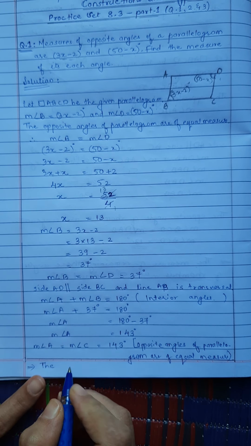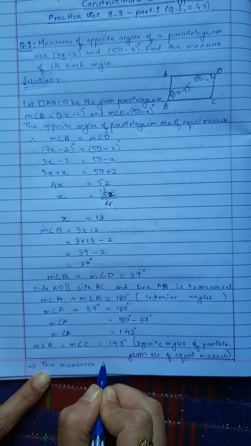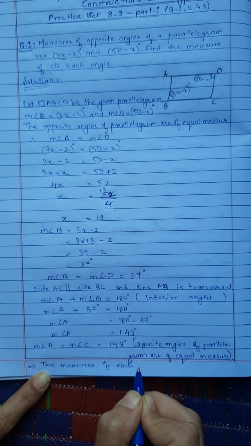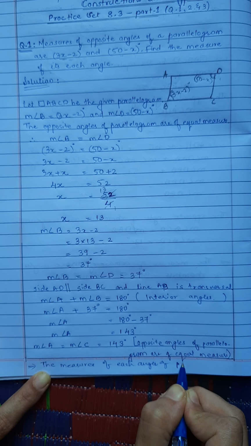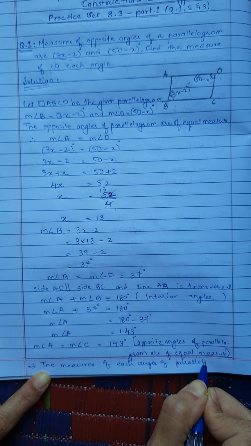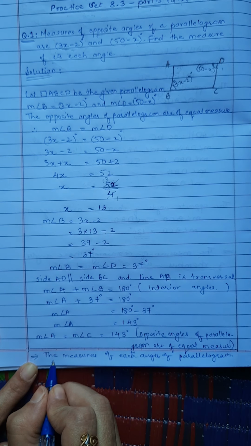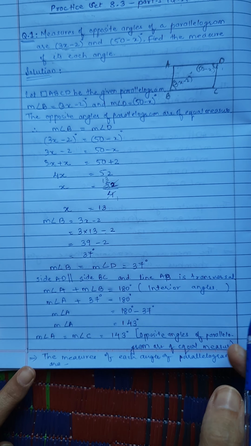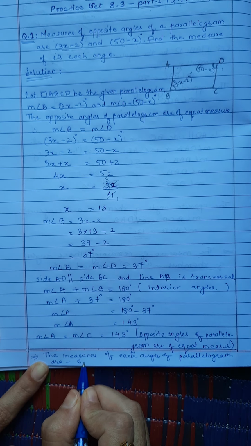The measures of each angle of the parallelogram are 37 degrees.